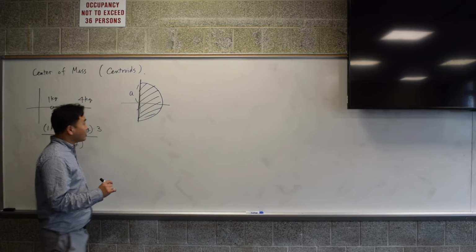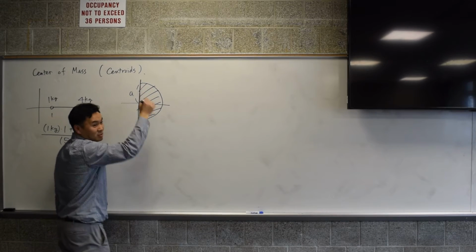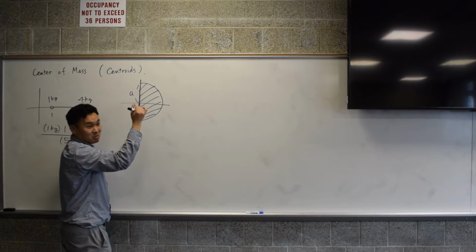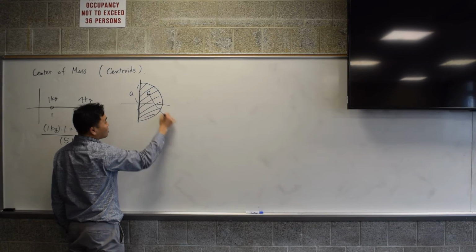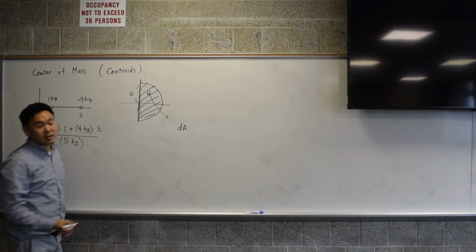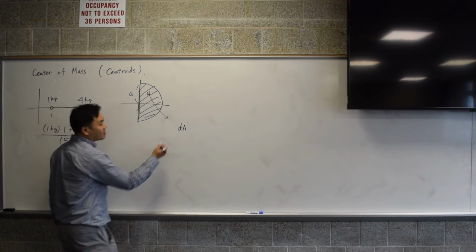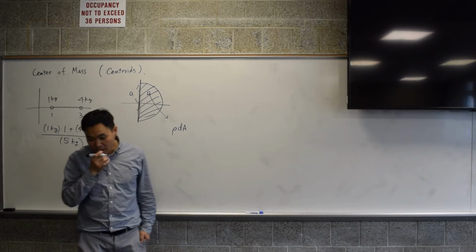First, I'm going to think about this entire thing as cut up into very, very tiny little pieces. So just think about a very, very tiny piece here, whose area is what we call dA. And then if I multiply the density by the area, I get the mass. Now here's the thing.